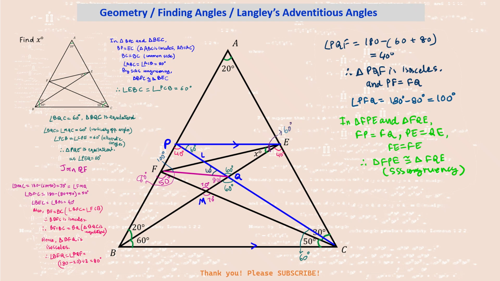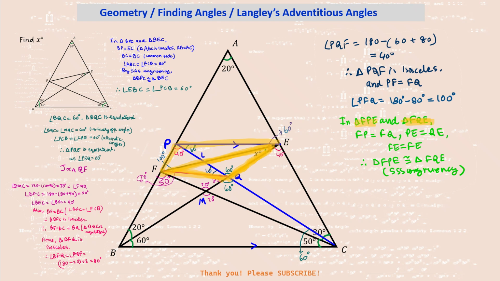Now we come to the triangles FPE and FQE. That's triangle FPE, and FQE is here. Notice that these two triangles are congruent.